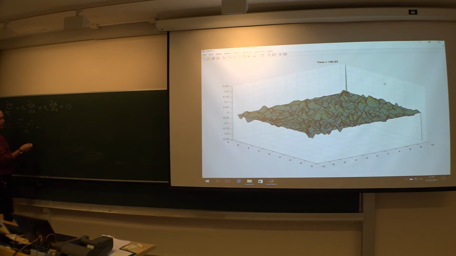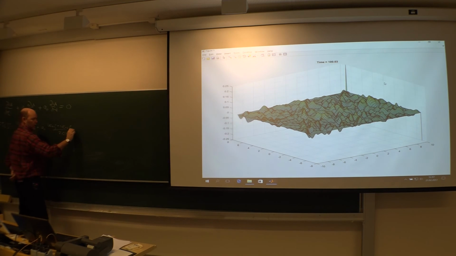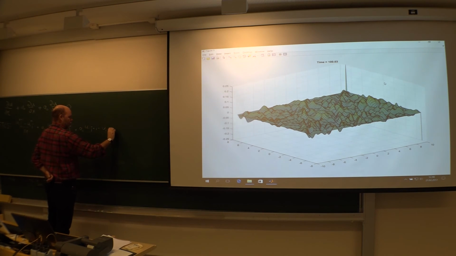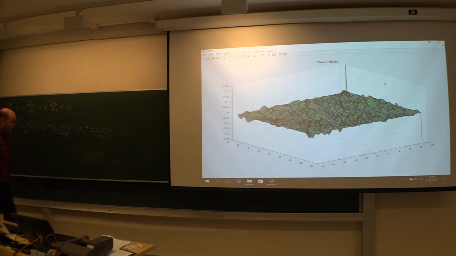For these terms now, center point, you will write a0 u i plus 1 minus u i minus 1 over 2 delta x. And the same goes in the y direction. j plus 1 minus j minus 1 over 2 times delta y equal to 0. That will be the central space scheme.